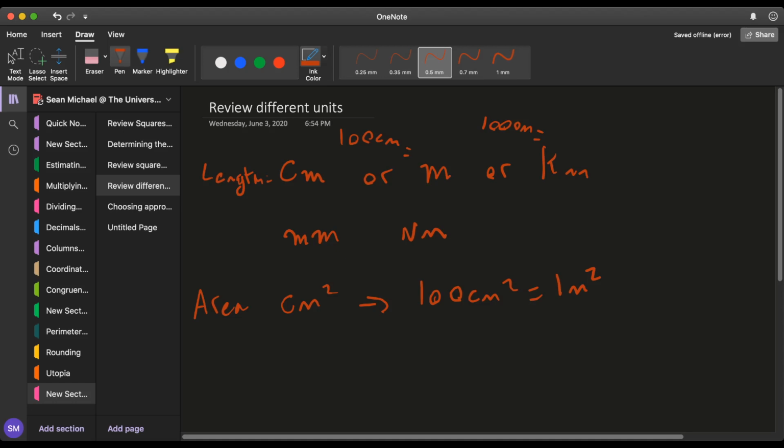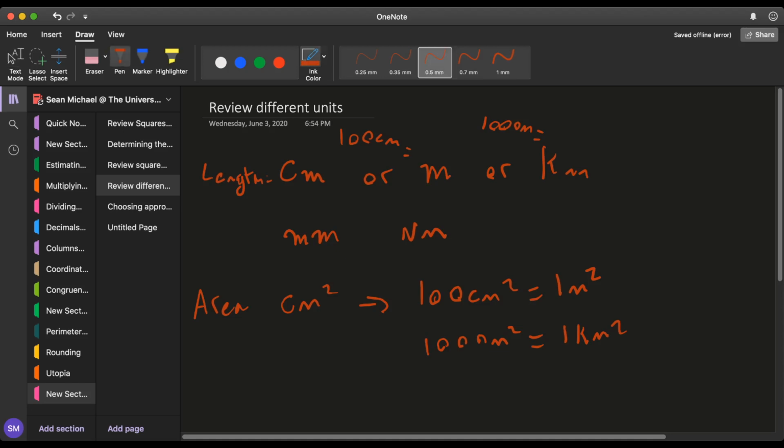And the same thing is true if you have 1,000 meters squared, that equals 1 kilometer squared. So this is fairly straightforward. Basically the same thing that applies to centimeters, meters and kilometers applies to centimeters squared, meters squared, and kilometers squared. So just the fact is that there are different sizes.